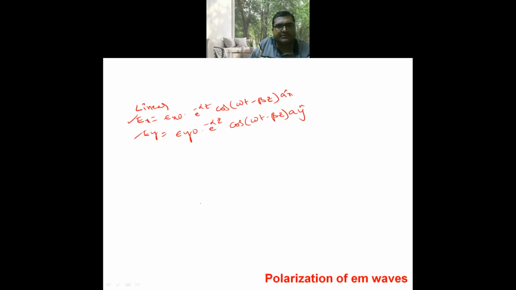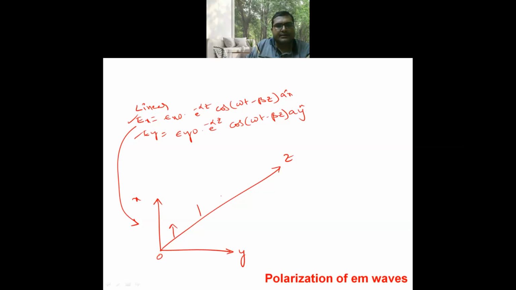Now consider a linearly polarized wave, X polarized, traveling along the Z direction. Let it be the Y axis, the X axis, and the Z axis. The electric field is X polarized, meaning the electric field is along the X direction, and the wave is traveling along the Z direction, cos(ωt - βz). The minus βz indicates the electromagnetic wave traveling in the positive Z direction, and the polarization of the electric field is along the X direction.